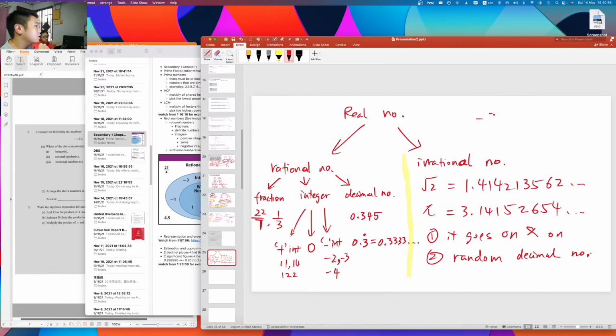Then can I ask you, negative 2.2, is this an integer or fraction or decimal number? So this negative 2.2 is a rational number, fraction, integer, decimal number, or irrational number? Just look. Imagine which one.